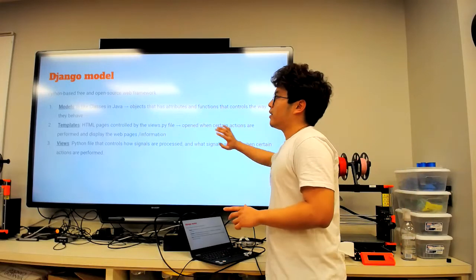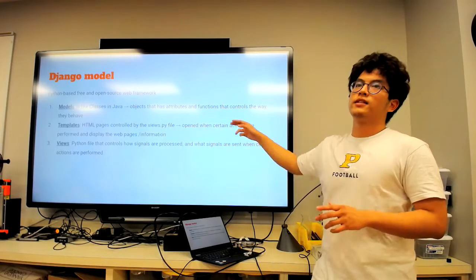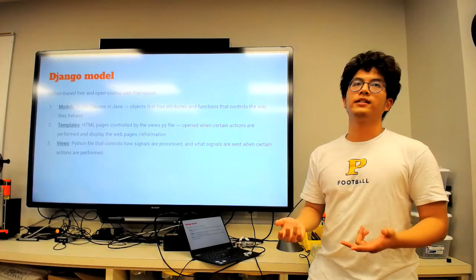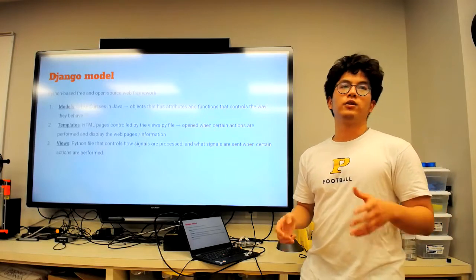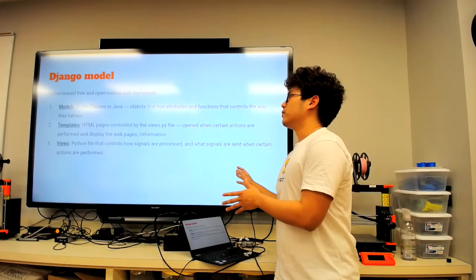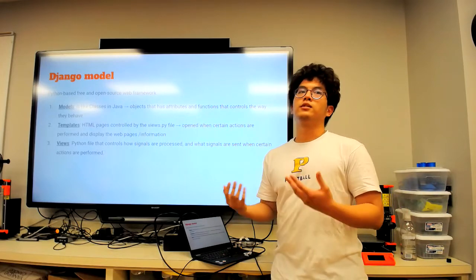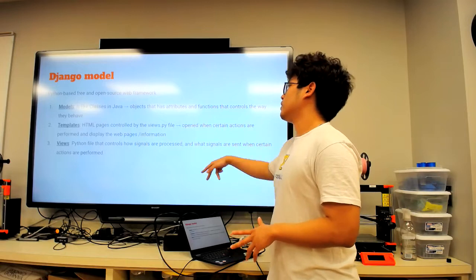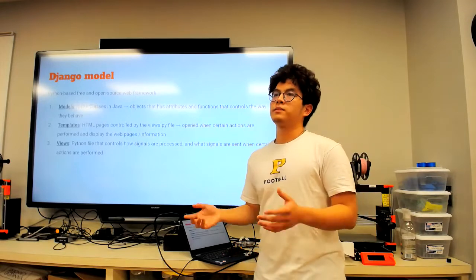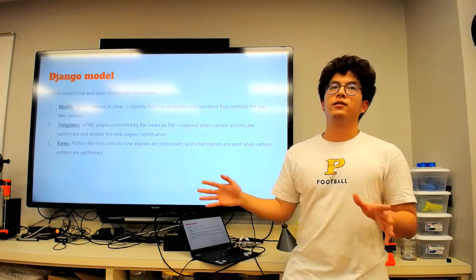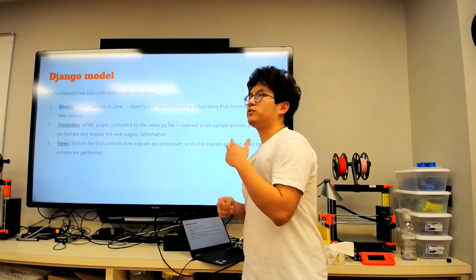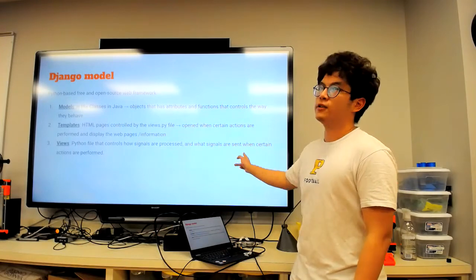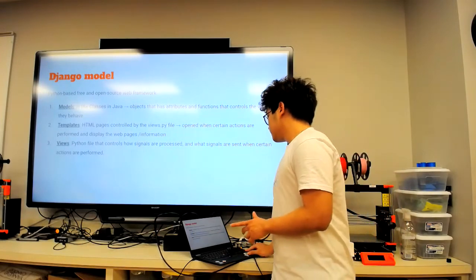Templates are essentially HTML pages, like in a normal website, that organize your information and display it in a form that is legible to the users. And the views are how the logic works behind the website. So if you click on a button or you draw a circle, that is an action performed by the views.py file.